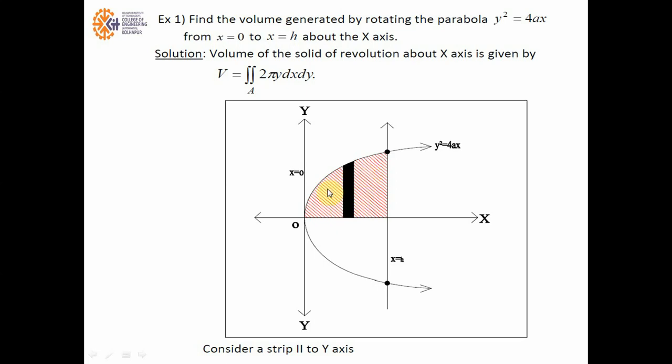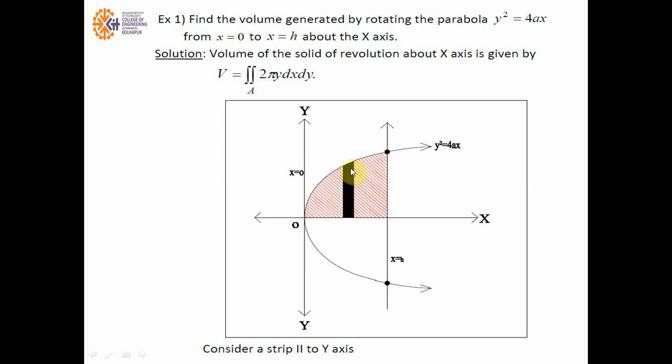Now when this shaded part we revolve about x-axis, automatically it covers this lower part of the parabola, and therefore to get the volume of solid of revolution we consider only this shaded part of the region.